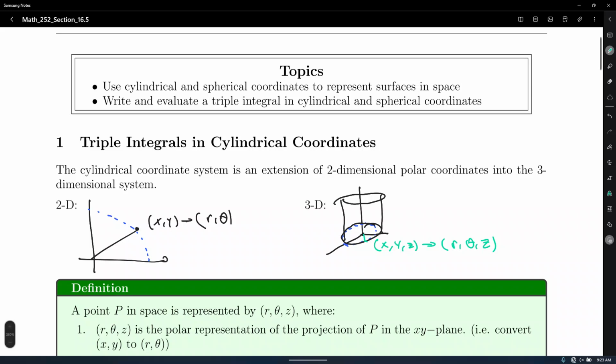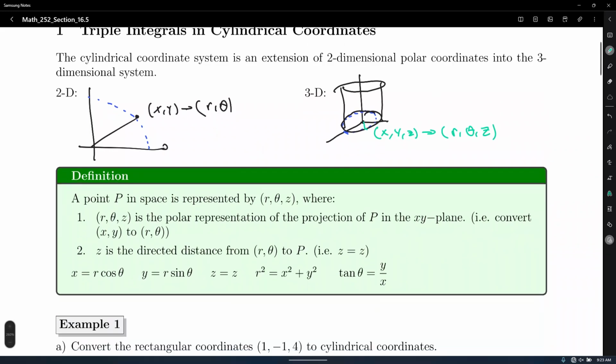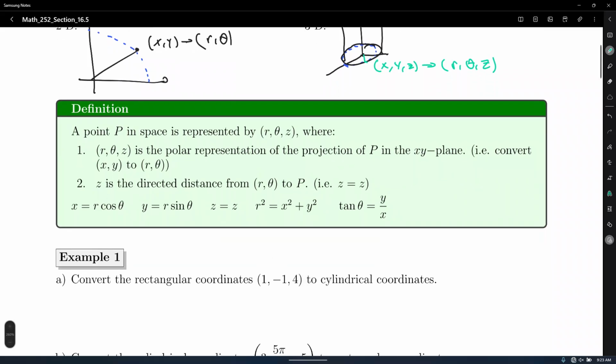Alright? So let's have a look at this new system. A point P in space will be represented by a radius and an angle, r and theta, where x and y are going to become r and theta, and z will simply be z.